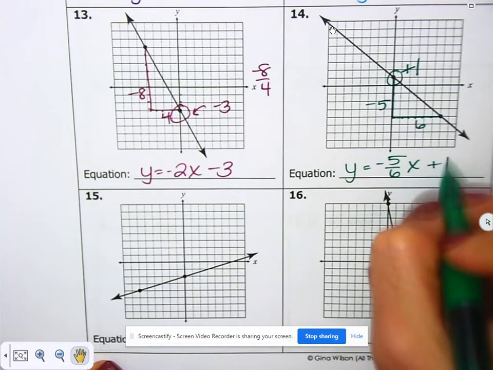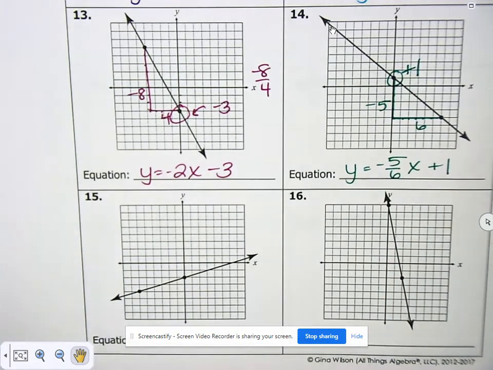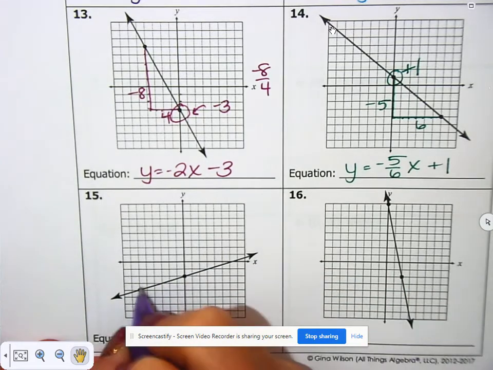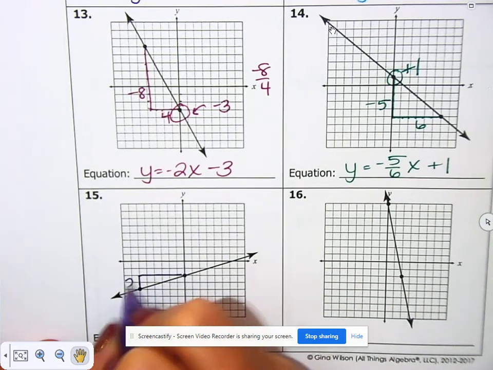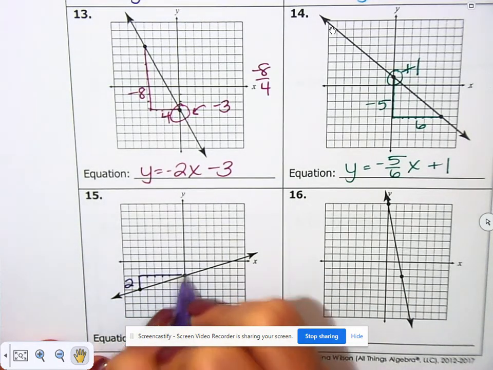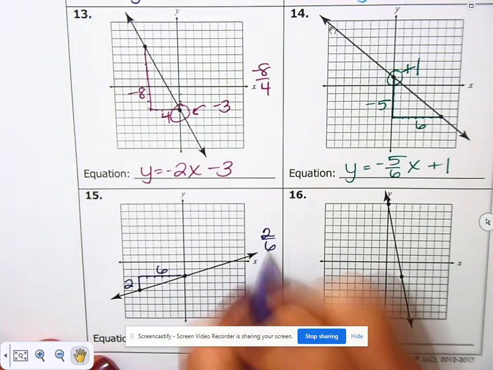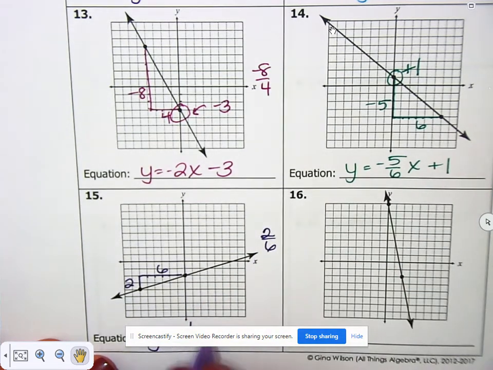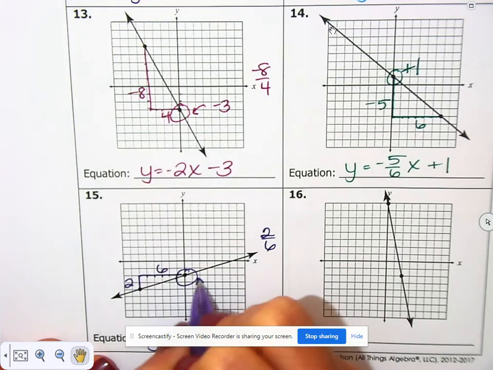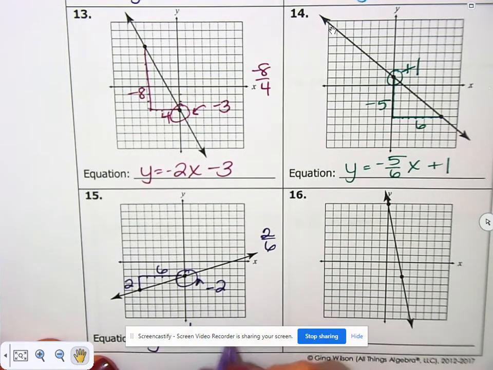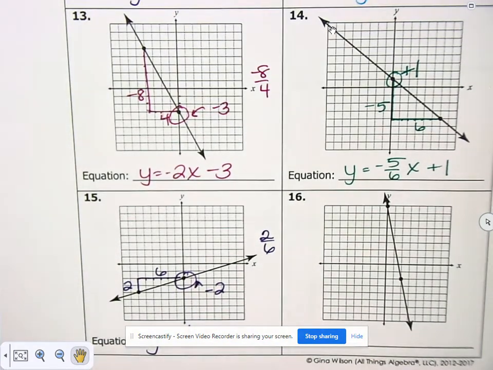Don't forget your x, and the y-intercept is up here at +1. 2 over 6, which is going to be 1 over 3, and that's at -2.